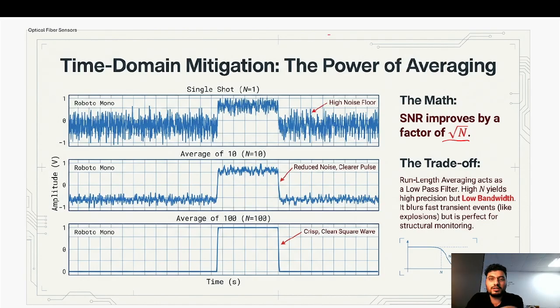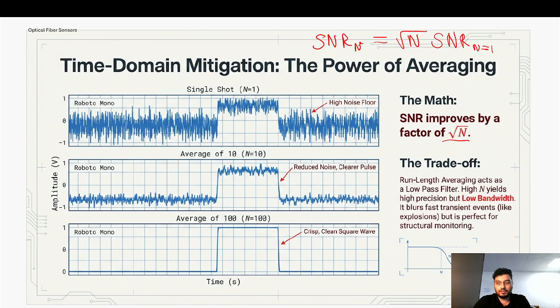So the SNR of a full scan collected n times will be root n times the SNR for n equal to 1.